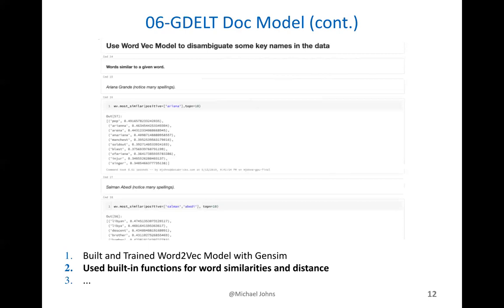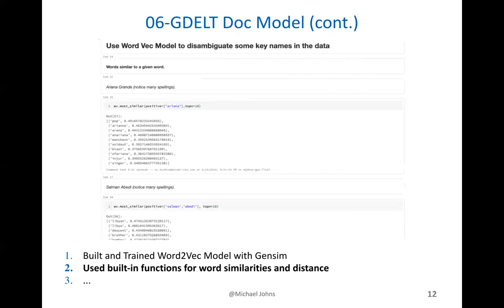From a disambiguation perspective, that can be used to identify similar content, and maybe look at other aspects in Ariana's vector to understand if there are other characteristics or cosine similarity scores that can be used to say, okay, this is actually the same Ariana, and conceptually or logically join those two together.